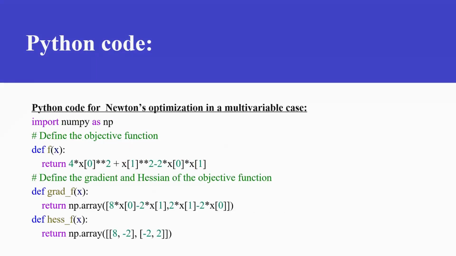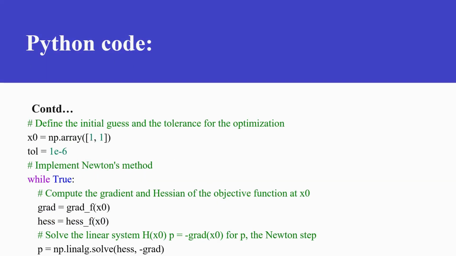This example is the same as that already taken in the multivariable case example. The gradient is already calculated in that example, and the Hessian matrix is also calculated in that example. Let x0 = (1, 1) and tolerance equal to 10^-6. This code is the same as the optimization with single variable code. In the single variable case, we consider f'(x0), but in the multivariable case, we consider the gradient of f(x0).